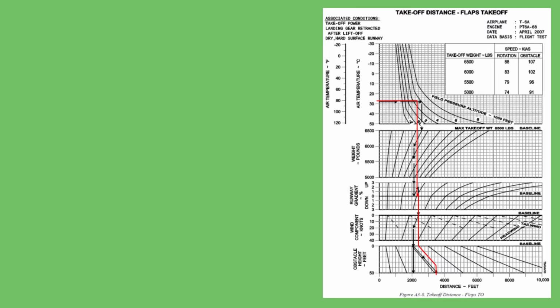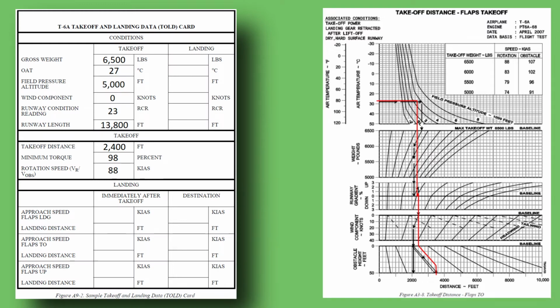For conservative numbers, any headwind could be disregarded running charts since that results in better than expected performance. Always account for tailwinds though, and avoid them whenever possible, especially on shorter runways or if departure obstacles are a factor. In our example problem, 2,400 feet is the flaps takeoff ground distance to accelerate to 88 knots indicated.